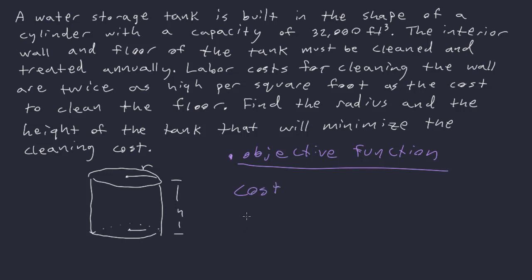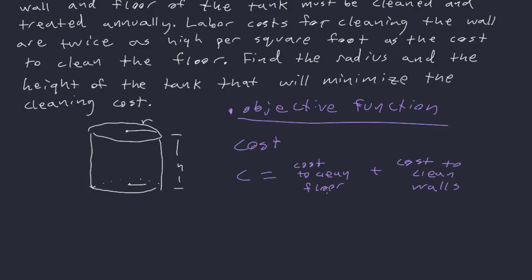So the cost is going to be how much it costs to clean the floor plus how much it costs to clean the walls. Now notice we don't know what the cost is.